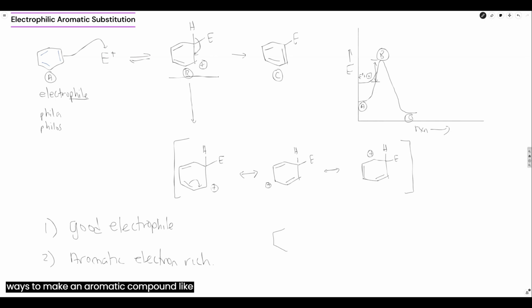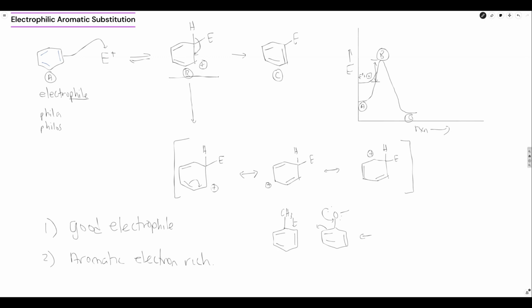So there's a lot of ways to make an aromatic compound like benzene more electron rich. You can add an electron donating substituent, such as a methyl group, and this donates electrons inductively. You can also add something like a methoxy, and this will donate electrons actually by resonance. So you can envision something like this.